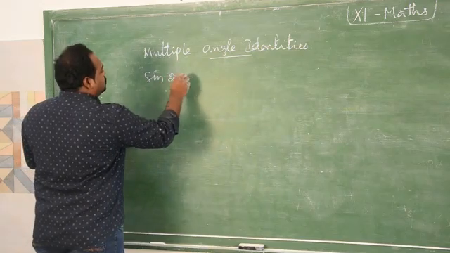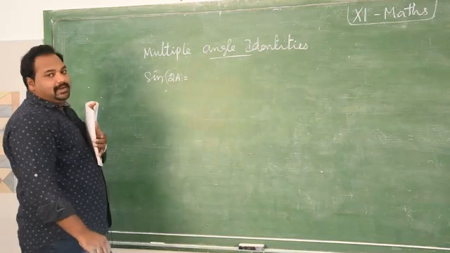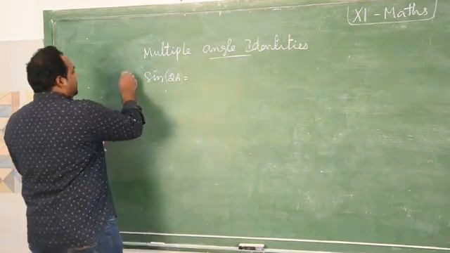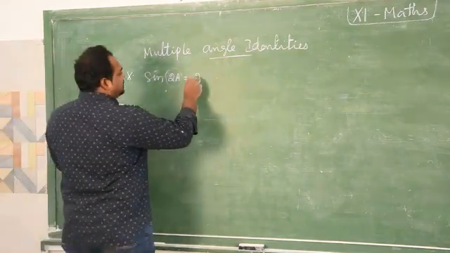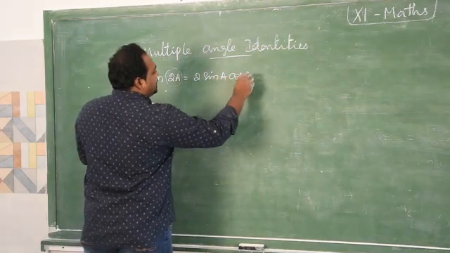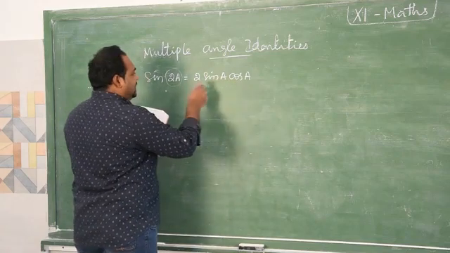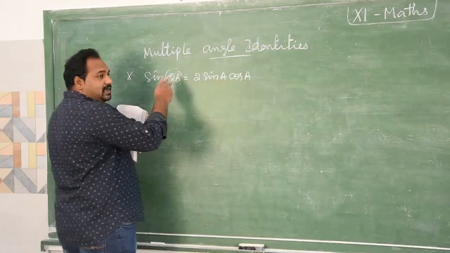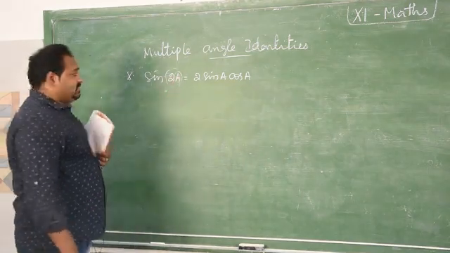Sin 2A, multiple angle. This is called a multiple angle, 2A, a very important basic identity. Sin 2A can be written as 2 sin A cos A. Here not only A, sometimes it will be theta or alpha, beta, gamma, anything can come instead of A, the variable or parametric functions.